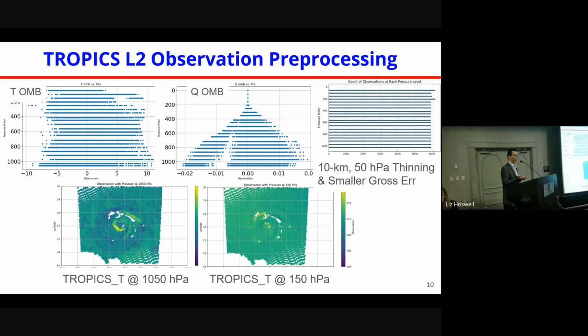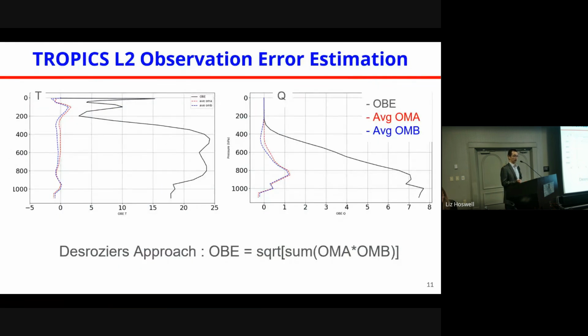The finer structures in the core thermodynamic structures are still maintained while the data quality is much improved. Based on that, we are going to estimate the observation errors using the derivative method, using OMB and OMA. The black line on the left is for temperature and the moisture is on the right.